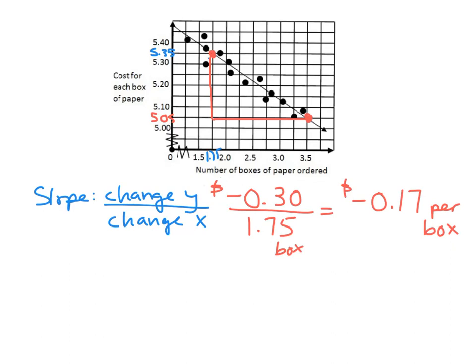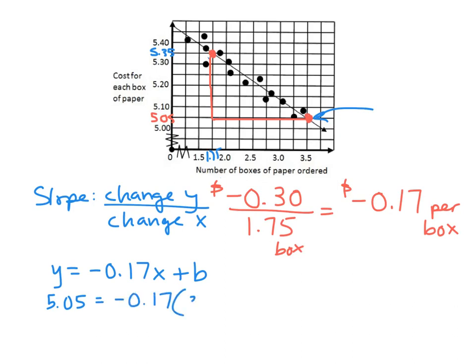Now to write our equation, we're going to say y equals negative 0.17x plus b. Now that's our y-intercept. And I'm going to use one of our points. I will use this one. So the y value was $5.05 and the x value was 3.5.